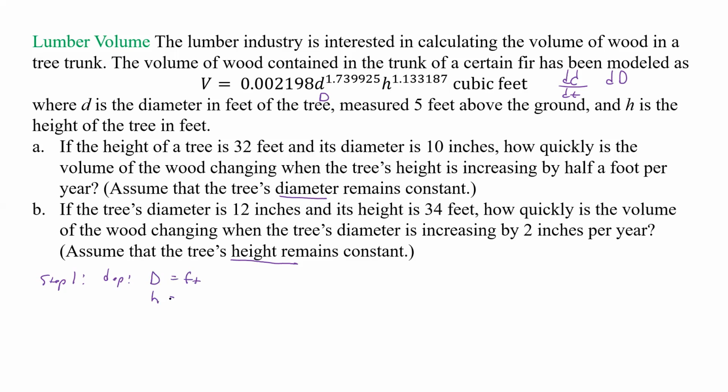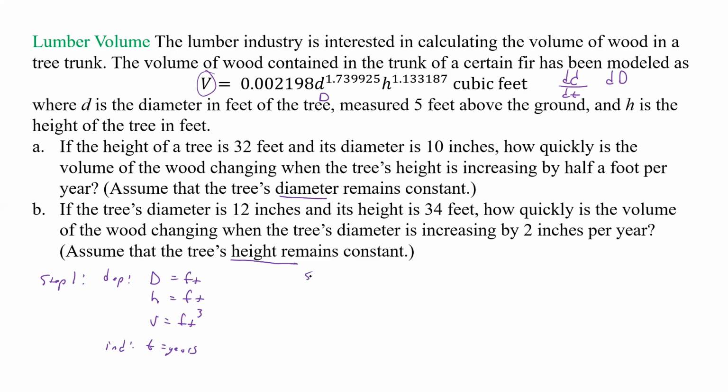And then I'll have H, which is also in feet. But we also have this other one. We have volume, and volume is in what? Well, that's going to be in feet cubed. Now our independent variable, and again, that's going to be time, and this is going to be in years because it's going 2 inches per year or half a foot per year. So we'll have that as years.